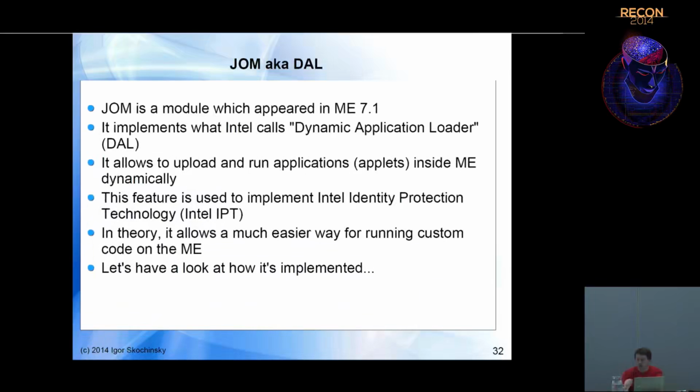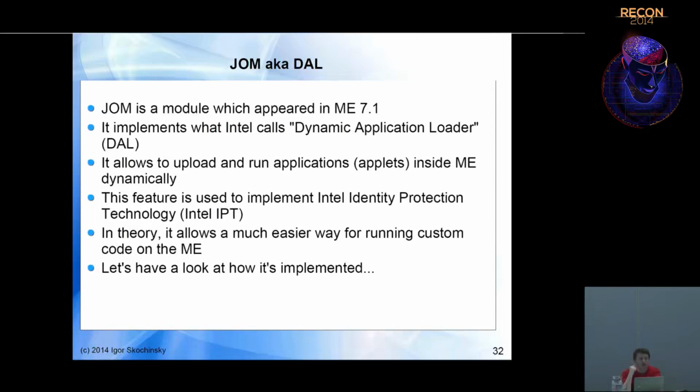So I could look at it. And using this information, I finally looked at some of the modules that were using some APIs, some routines which I had no access to. One of these, for example, is called JOM. I think it's Java Object Model or something, which appeared in ME 7.1. Why did I look at it? Because it implements very interesting functionality.